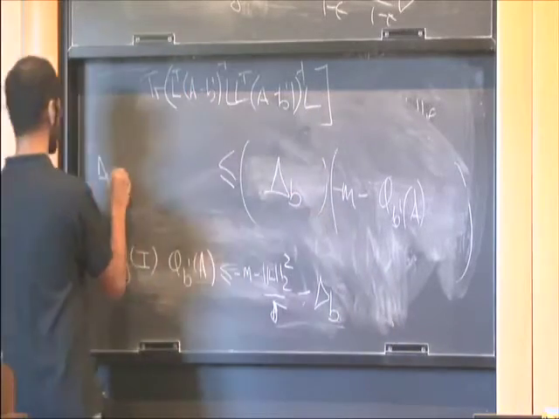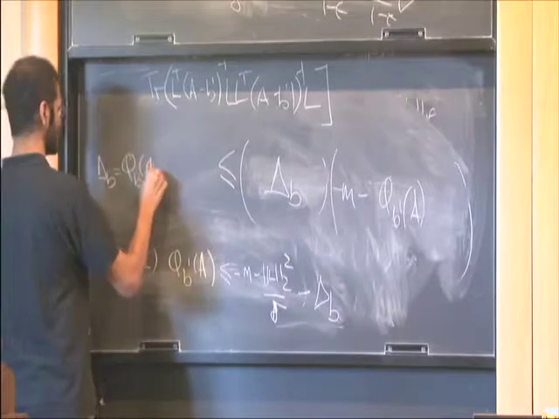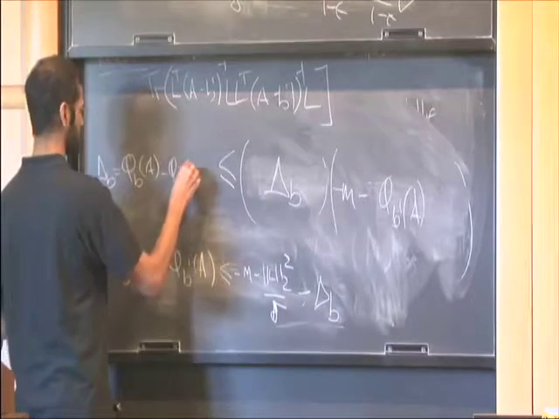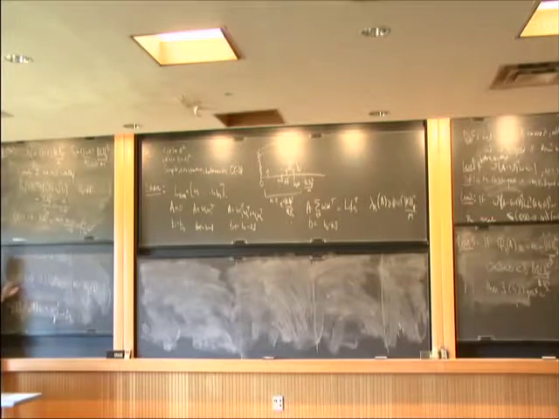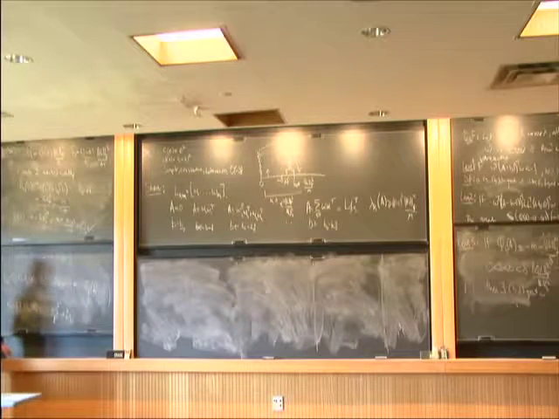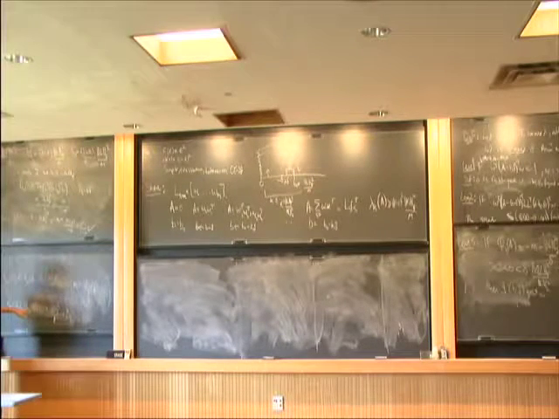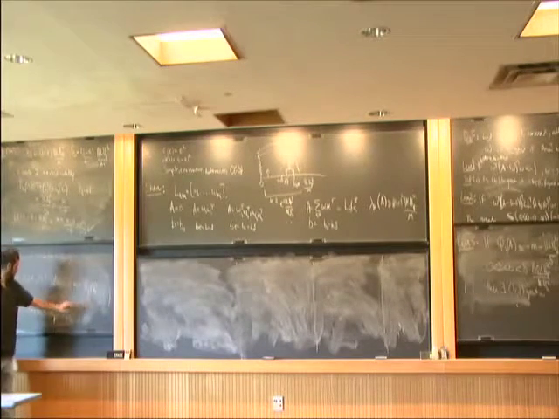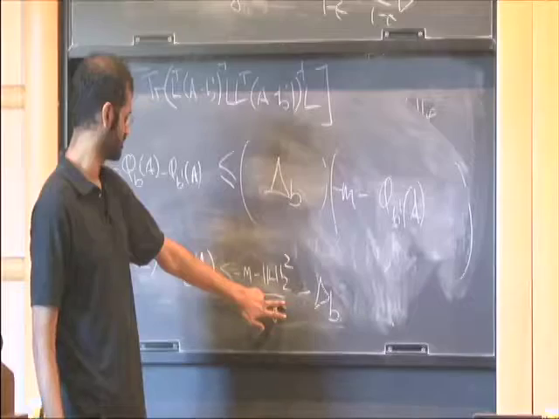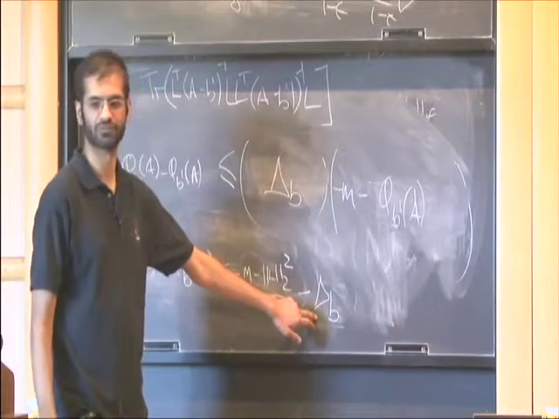Delta b is phi b of A minus phi b prime of A. This is the difference in potentials when I just shift the barrier. So by 1, this thing I'm interested in is at most this thing which I got from 1 minus the difference from shifting.